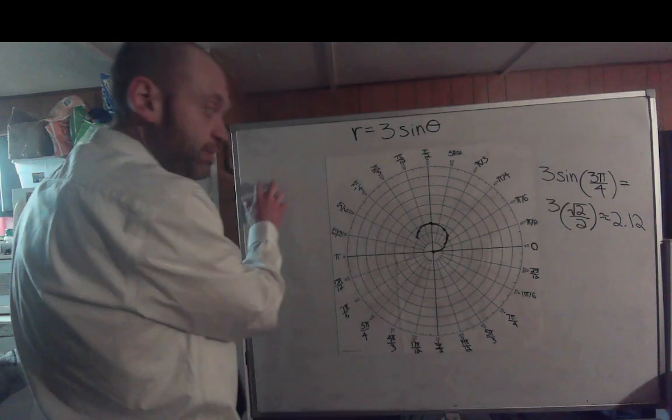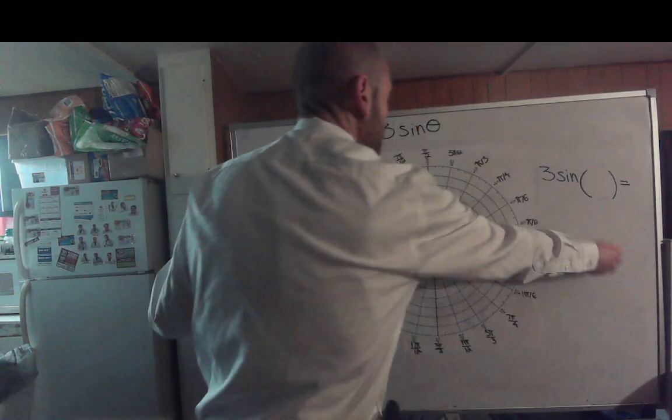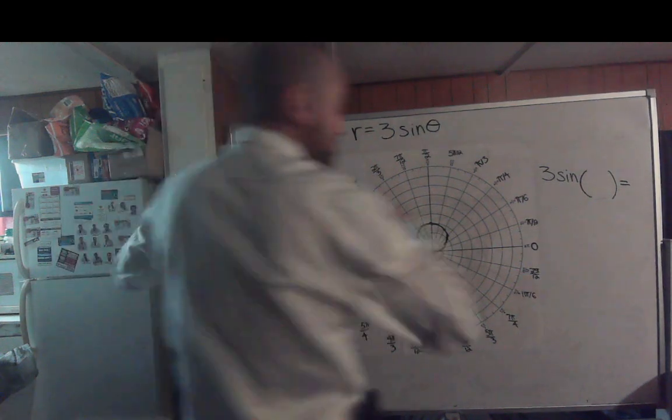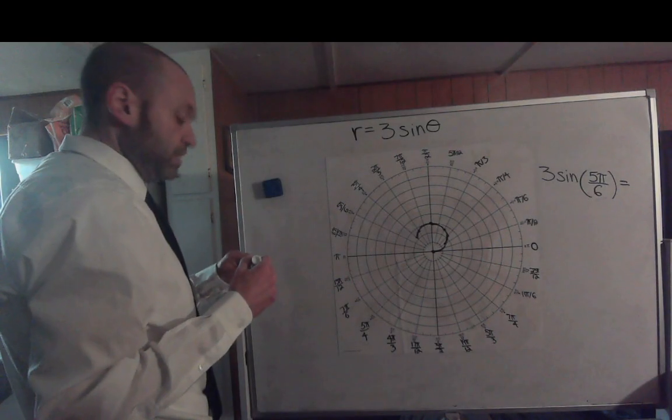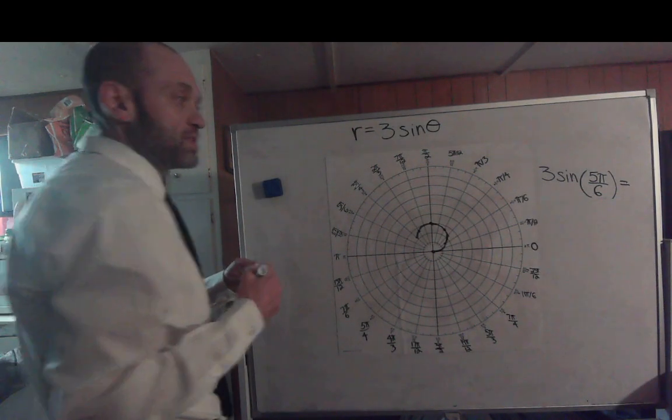And then 5 pi over 6 is the next special angle. So we have to take the sine of 5 pi over 6. Well, okay, what is the sine of 5 pi over 6? That's positive 1/2, so you'd have 3 times positive 1/2, which would give you 3/2.